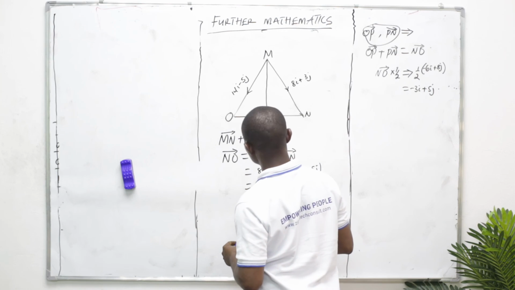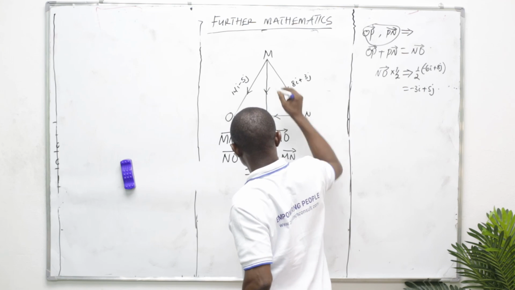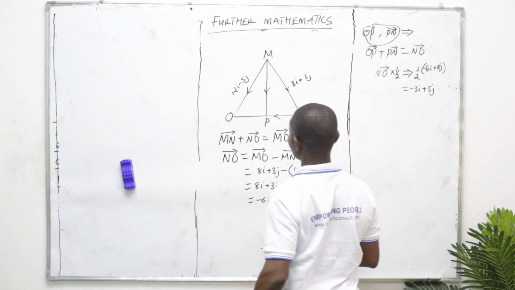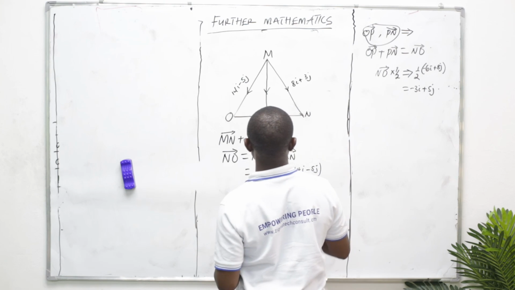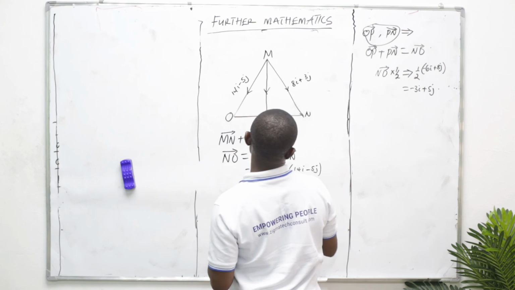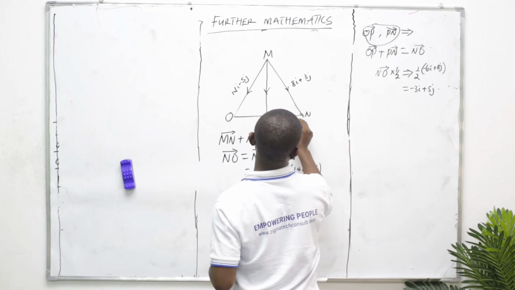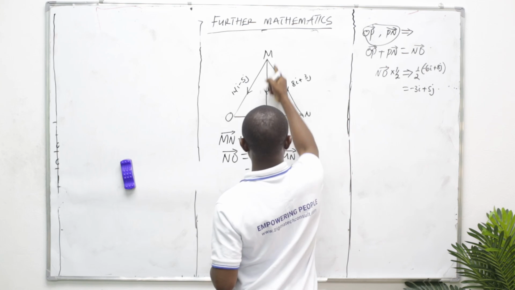Now we are looking for vector MP. If this comes down, MP, and this way, MP. See here, we have 3i minus 4j. This plus this equals this.